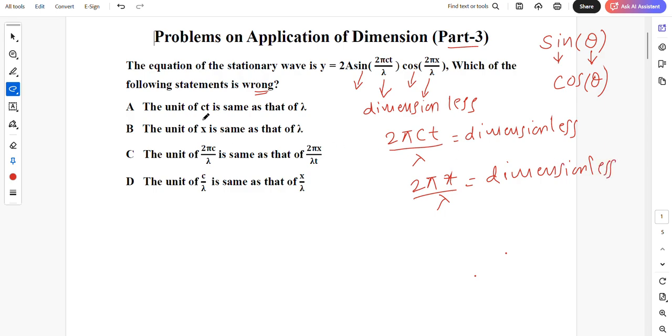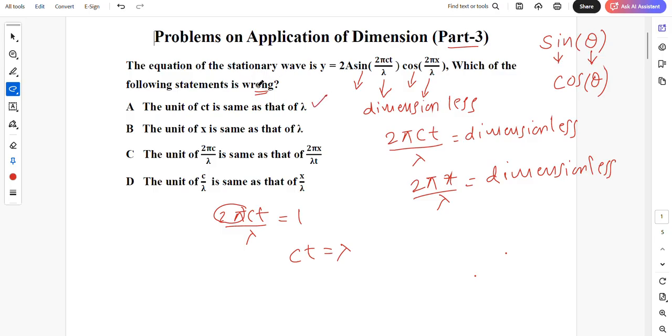What it is saying? The unit of ct is same as that of lambda. 2 pi ct by lambda, dimensionless means what? 1. 2 pi is a constant, we can neglect. ct is equal to lambda. Yes, first option is right.